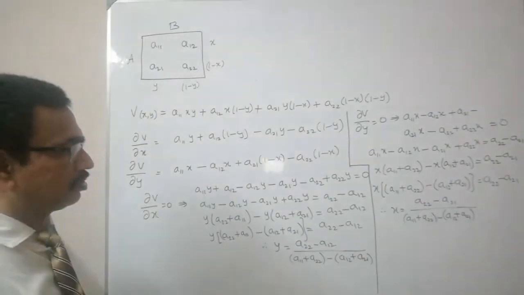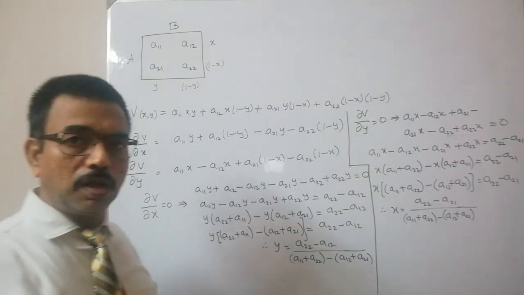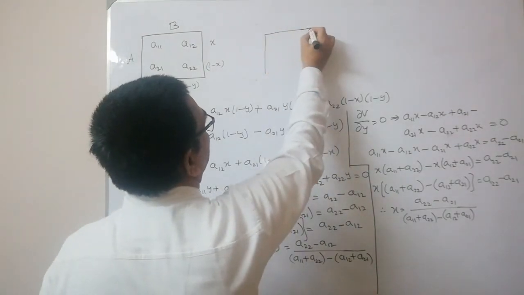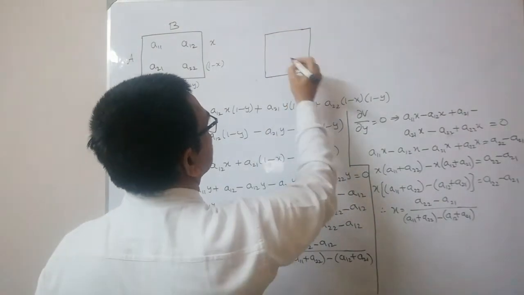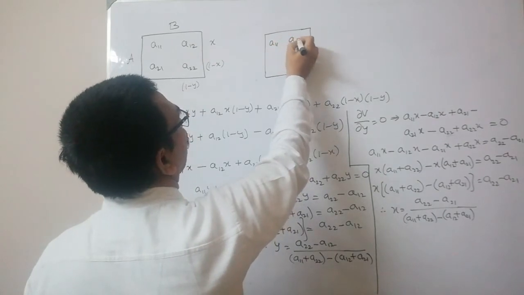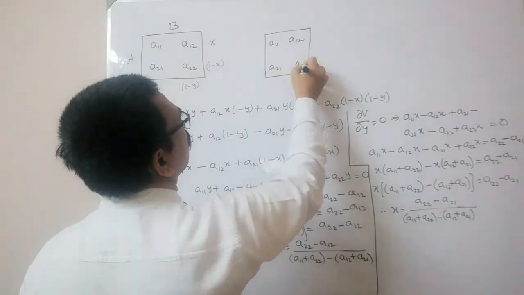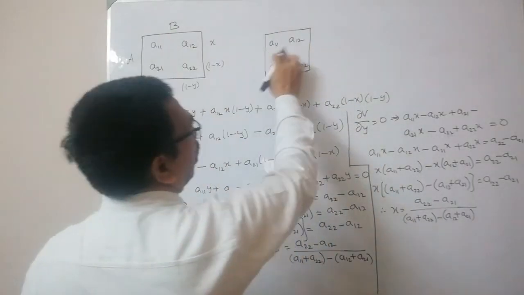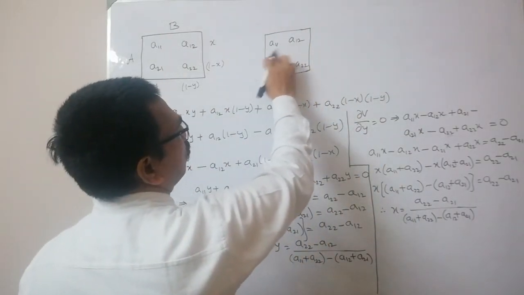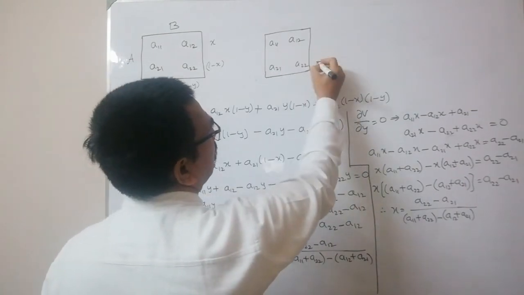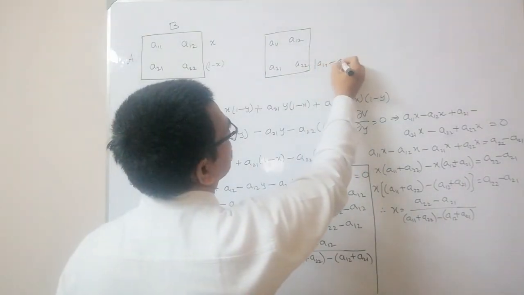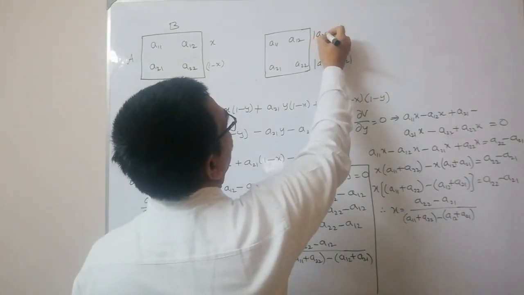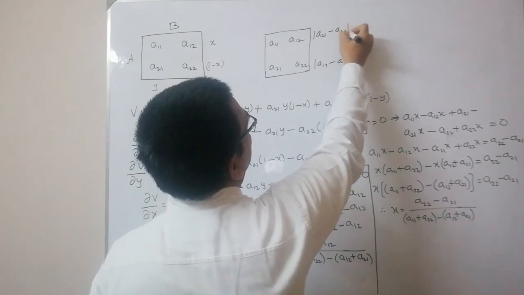Now what we observe, in some other video I have given the value of x and 1 minus x like this. Suppose A11, A12, A21, A22 are the 4 elements. Then the oddments, that is the difference of the first row, is written here, A11 minus A12, ignoring sign, and A21 minus A22 here.